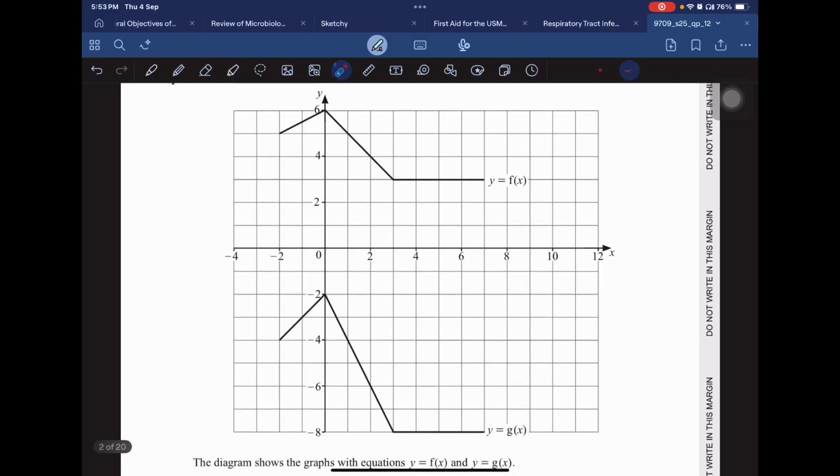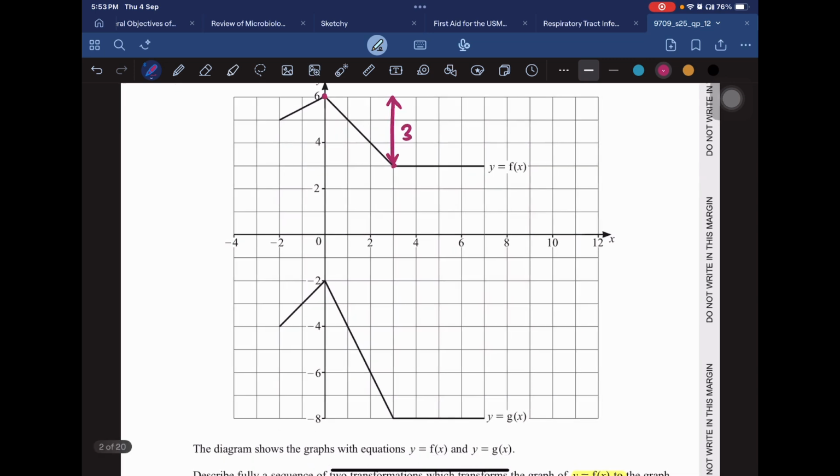Now if you look at f(x) first, let's take the highest point and the lowest point. The highest point on f(x) is this and the lowest point is this, right? The distance between these is 3 units. Whereas if you look at g(x), this is the highest point, this is the lowest point.